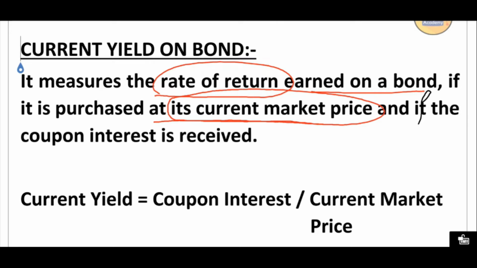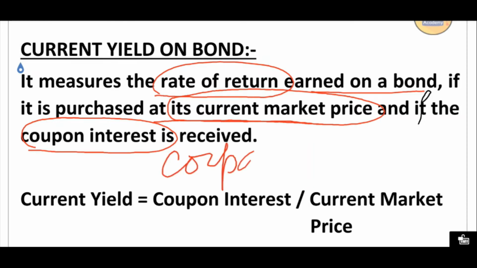And the second condition is that coupon interest must be received. How do we get the coupon interest? We get coupon interest from the coupon rate. The rate is always given, bond 8%, 9%, 10%, whatever it is. Out of the coupon rate we calculate the interest. That interest must be received.